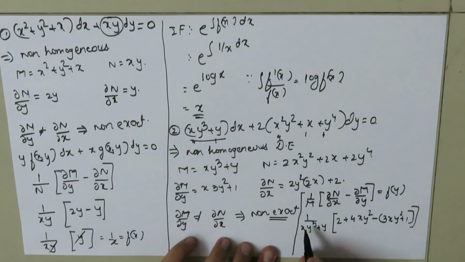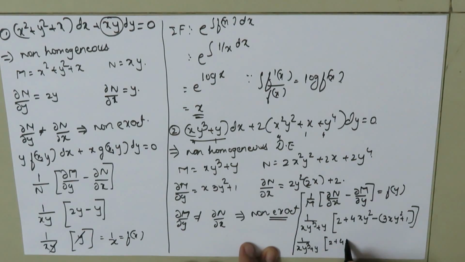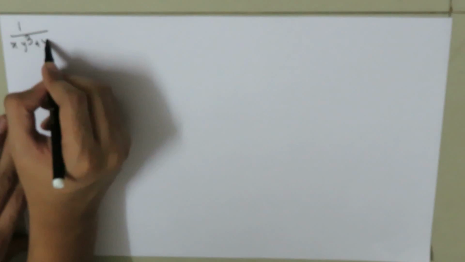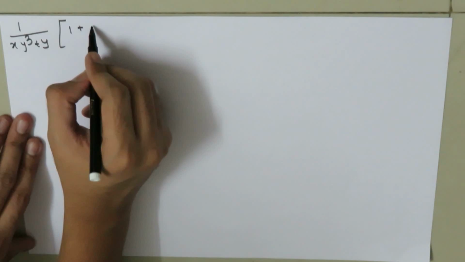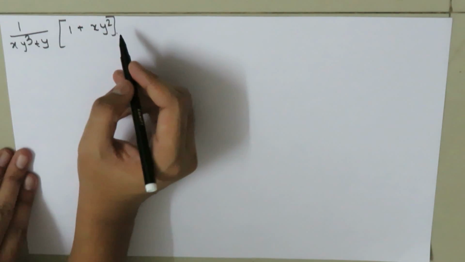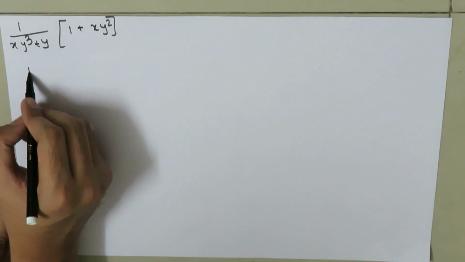So this is 1/(xy³ + y) times (2 + 4xy² minus 3xy² and minus 1). We come out with 1/(xy³ + y) times (1 + xy²). Now we take y common from this term, so 1/(y(xy² + 1)) times (1 + xy²).